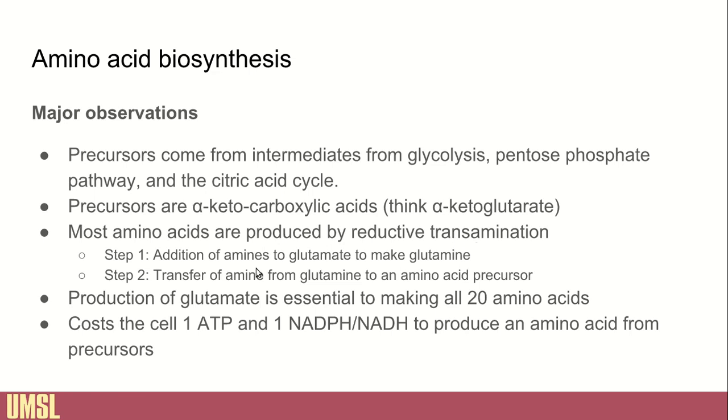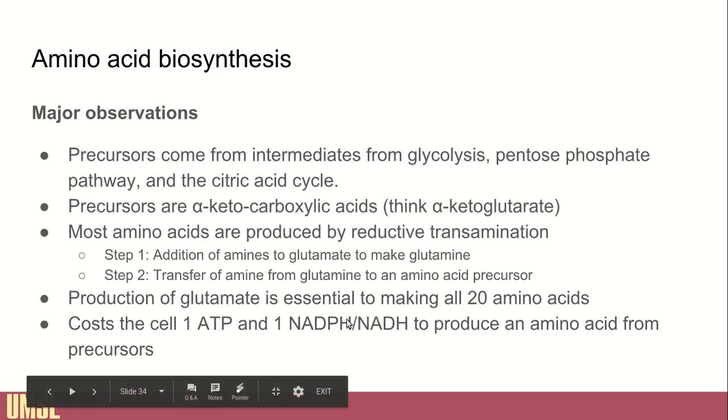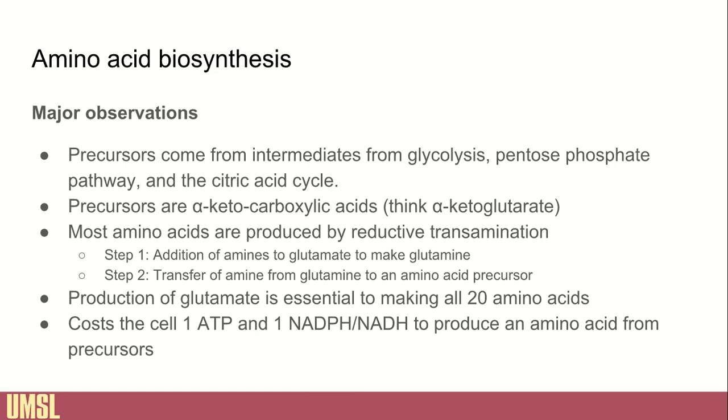One, the addition of amines to glutamate to make glutamine, and then transfer of amines from glutamine to an amino acid precursor. Okay? So production of glutamate is essential to making all 20 amino acids and costs the cell about 1 ATP and 1 NADPH to produce an amino acid from associated precursors. Okay? So it's actually fairly cheap to make amino acids, once you're accounting for all of the carbon building that needs to happen, compared to what we just saw for lipids, which are very, very expensive.